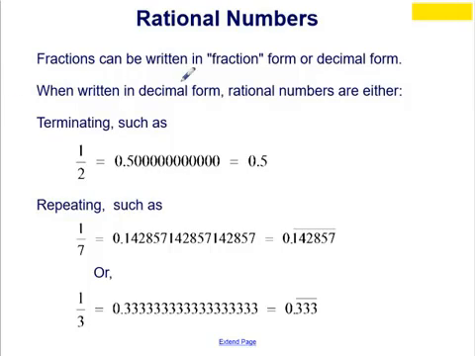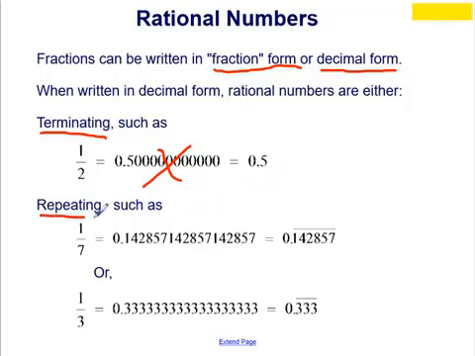Fractions can be written in fraction form or decimal form, as we saw before. When written in decimal form, rational numbers are either terminating, such as 1/2 is 0.50, and we don't include all these extra zeros, so it just stops at 0.5.